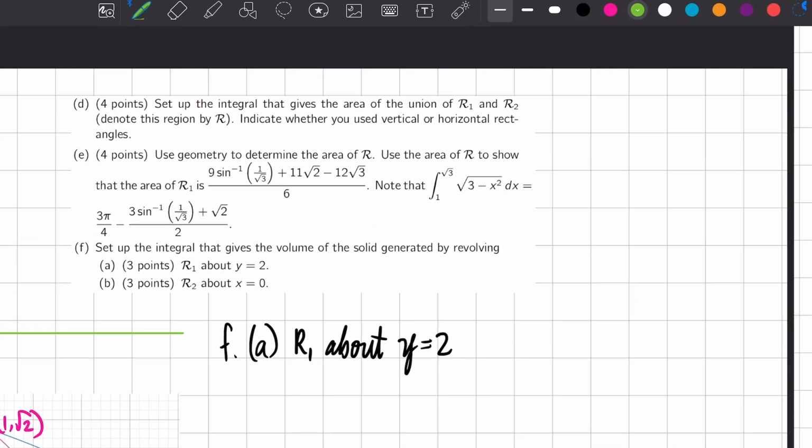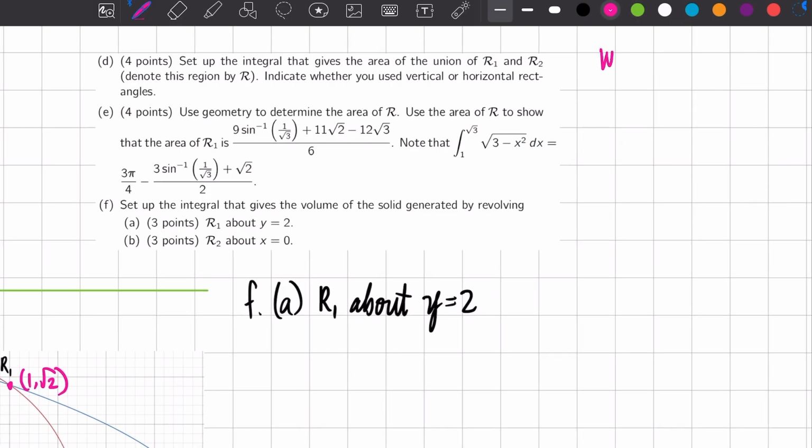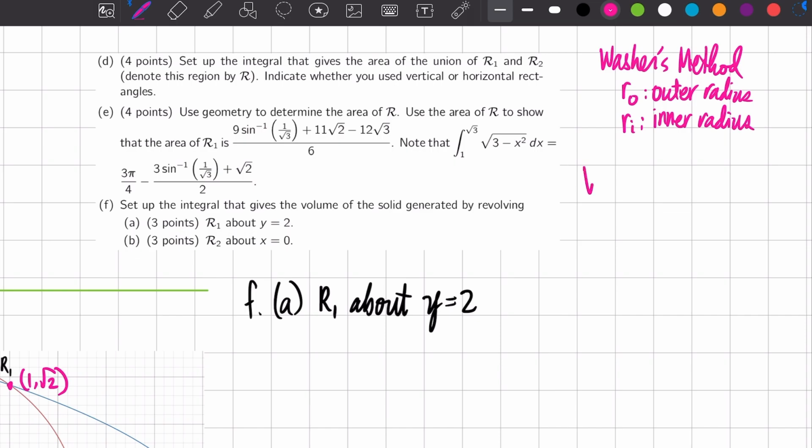So let's recall your washer's method. So suppose you have your outer radius, and you have your inner radius r sub I. Then the volume should just be the integral of your outer radius squared minus inner radius squared, multiplied by pi.